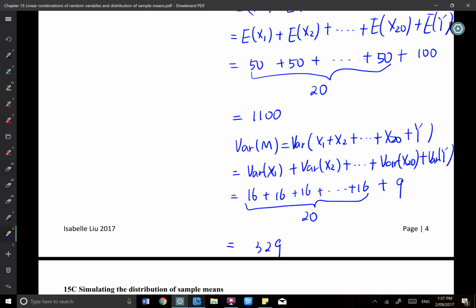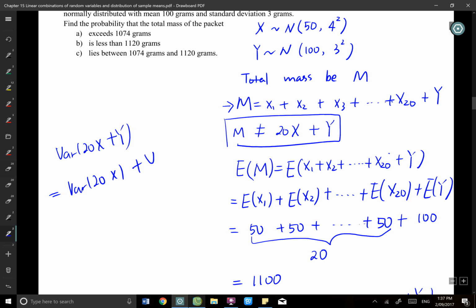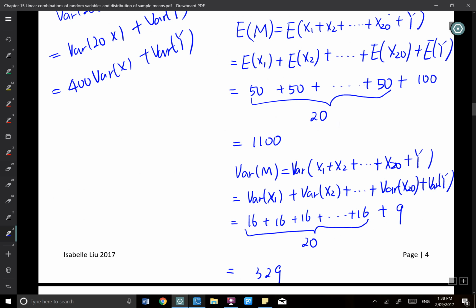Can you see what we did? If we used 20x plus y, the variance of 20x plus variance of y would become 400 variance of x plus y. But we actually should have only 20.